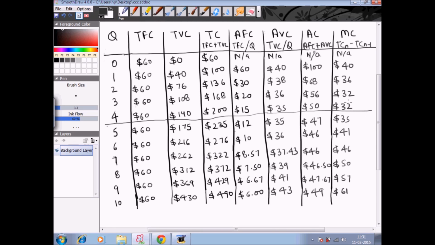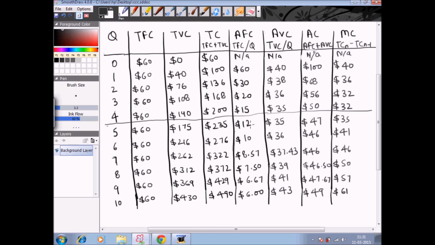And due to this behavior in marginal cost, we also see that total cost up till the 4th unit of production is increasing, but in a decreasing manner. But after the fourth unit of production, it starts increasing in an increasing manner. That is, the rate of change in the total cost after the fourth unit of production is increasing.